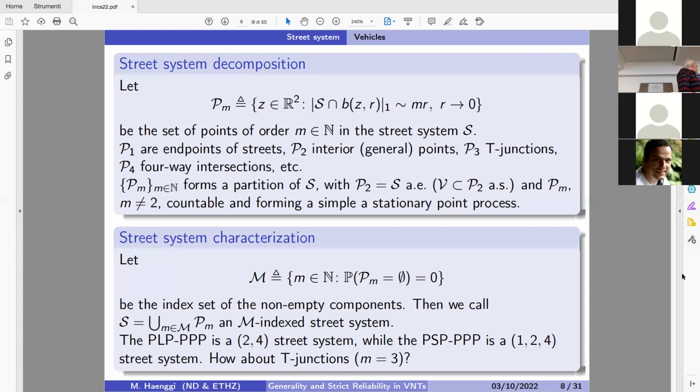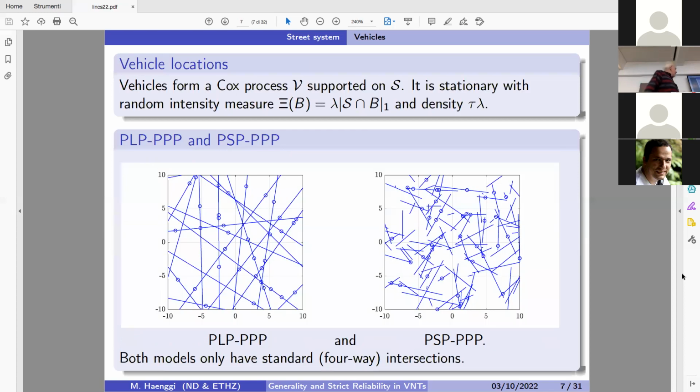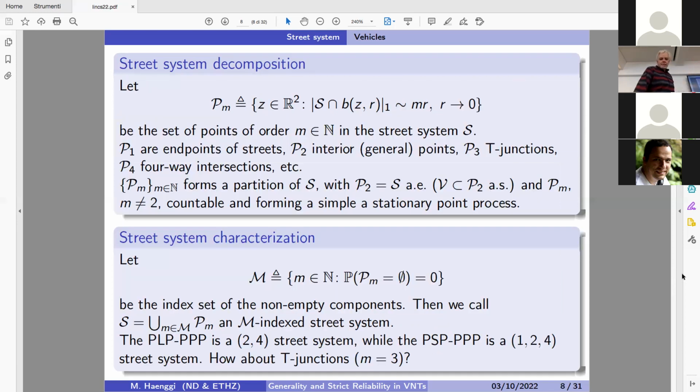Except for P2, all the others are countable, and they form themselves a simple stationary point process. If we look at the intersections here, there we have a point process. Of course, that's no longer Poisson. All the intersections here are point processes, as well as the endpoints.